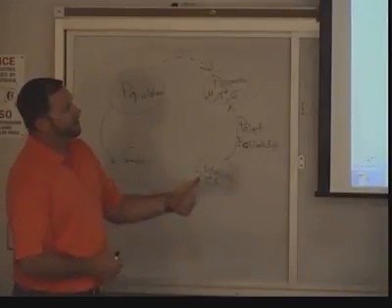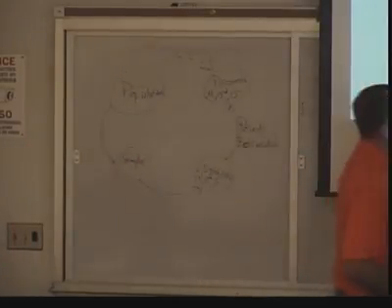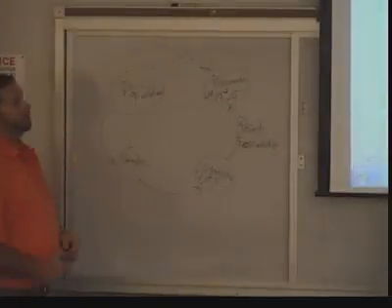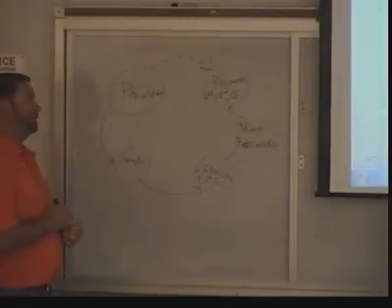So the point estimator is used to calculate a single number so that we can estimate a parameter, which is what we're after. We're after these parameters. That's what we want to know.